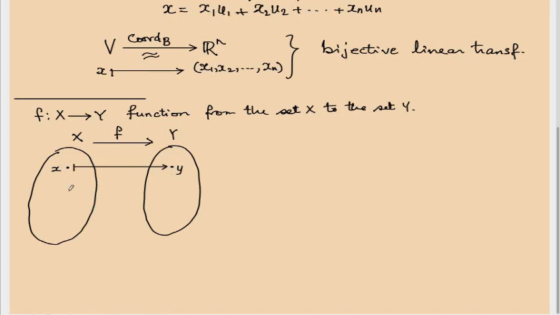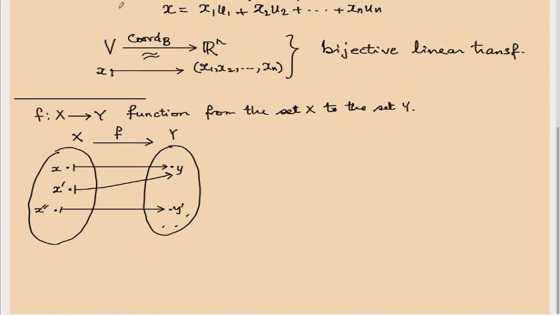That's the picture. It could be that it is taking two objects over here to the same place. Some of them could be like this only, and there could be some members of Y which are not images.